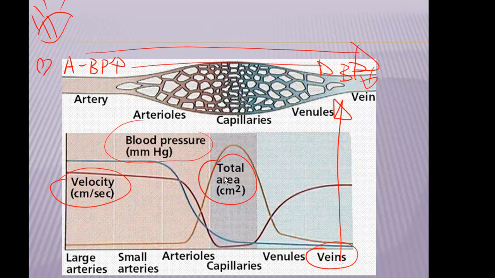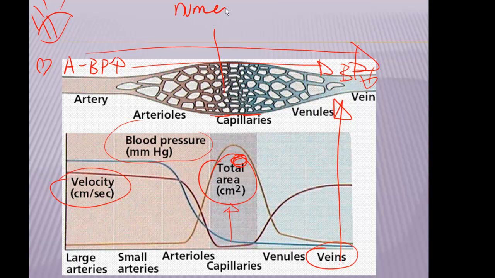Let's look at total area. We could think of it as cross-sectional area, but we have to understand the area means the area that the blood is going to travel along. It's like if we're talking about highways, the surface area of the highways. So the capillaries, no surprise, have the highest cross-sectional area.